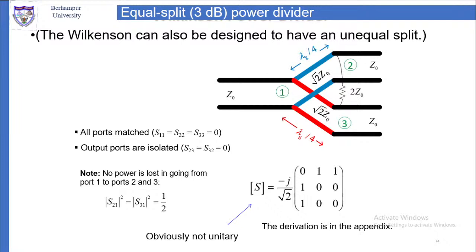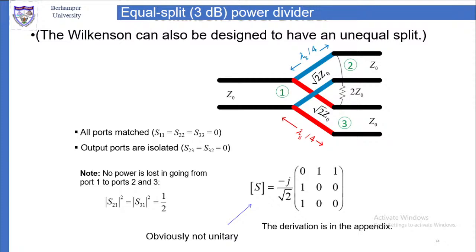In this case, the beauty of this is all ports are matched. So S11 is equal to S22 is equal to S33 is equal to 0. If you have such a design, then the output ports are isolated, which means S23 is equal to S32 is equal to 0. There is no relationship between S23 and S32.